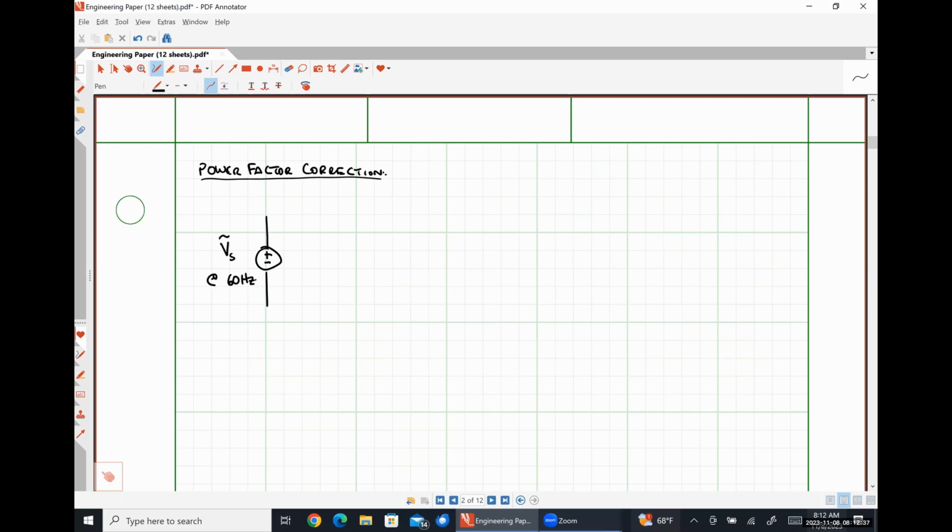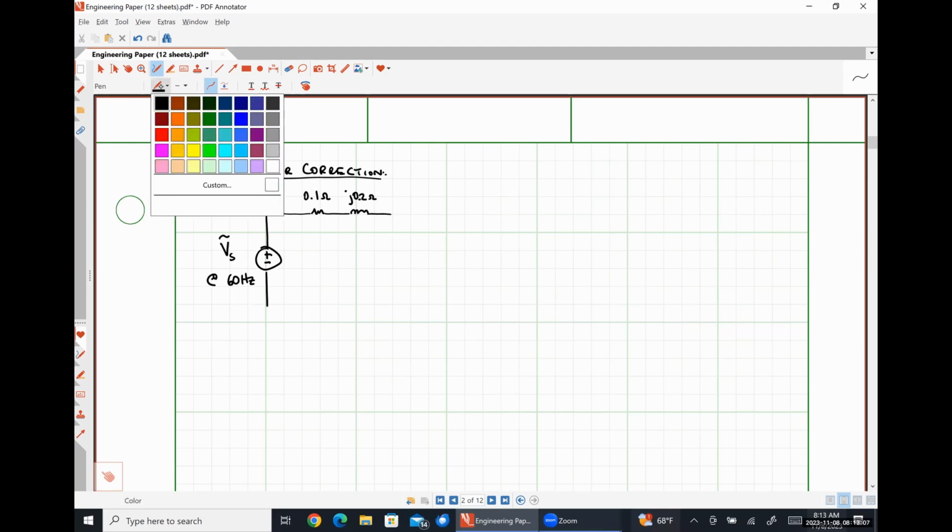So this system is somewhere in America or North America. And I am going to connect this source via transmission lines, which are going to be characterized by some resistance and some reactance. So let's call this 0.1 ohms and then j0.2 ohms. So let me just put a little note here.